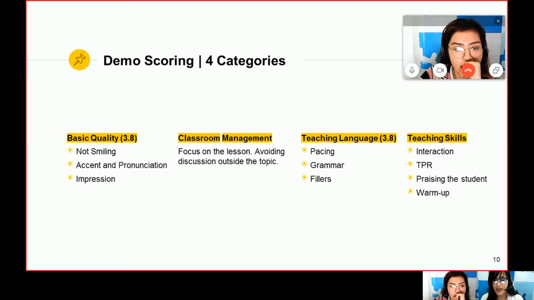Next category is classroom management. In classroom management, it includes your focus on the lesson, avoiding discussion outside the topic. Probably you are given a keyword on what to discuss, but sometimes we are going outside the box, outside the lesson topic. The main point is the student will know this word.